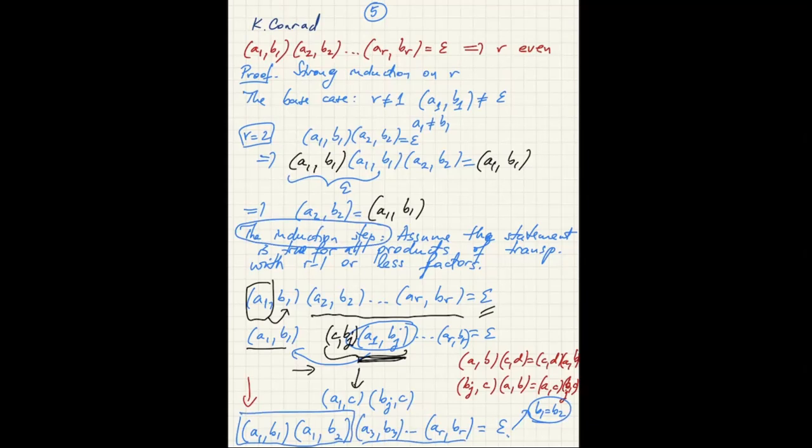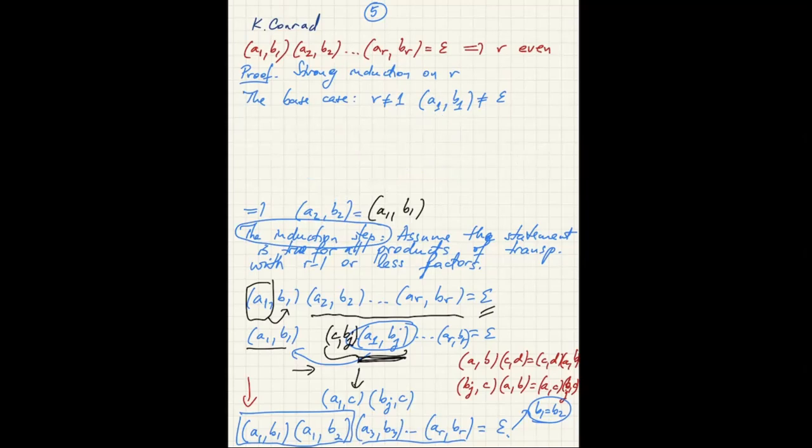Now let me erase here a little bit. So if B1 equals B2, then this part is identity, and we use the induction hypothesis, and we get R minus 2 even, which implies R even.